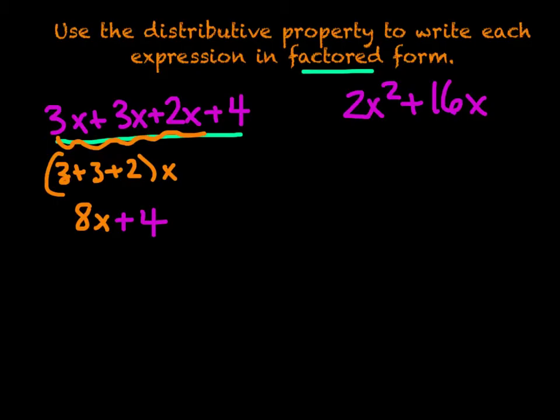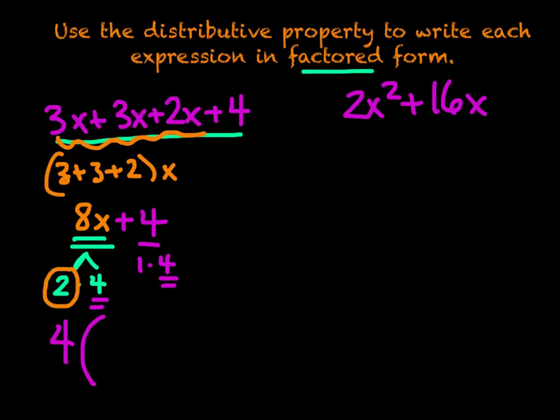Last little bit is we need to find a common number or a common variable that can come out of both of these. If I look at the number 8, I can say this is 2 times 4. If I look at the number 4, I know that's 1 times 4. So my common factor that I can take out of both of these is a 4. So I'm going to take a 4 out in front, and I'm going to leave everything else behind.